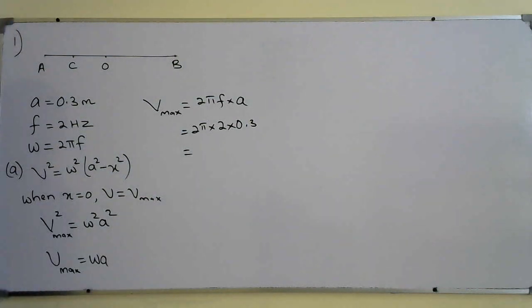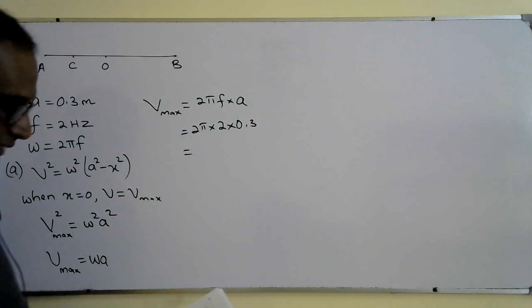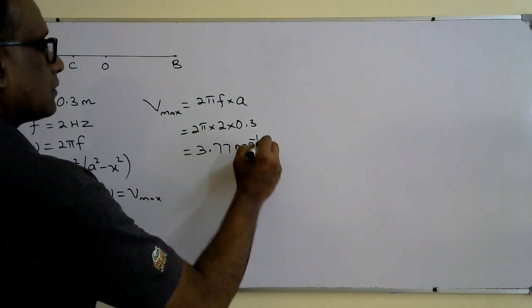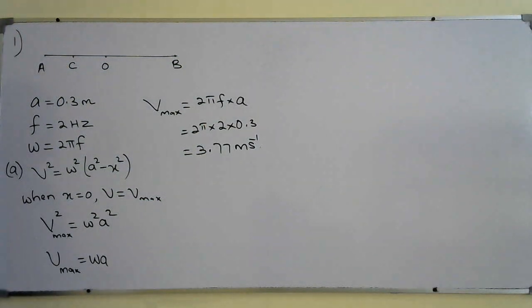Solving it, v max equals 3.77 meters per second. That's the answer for part A of question 1.